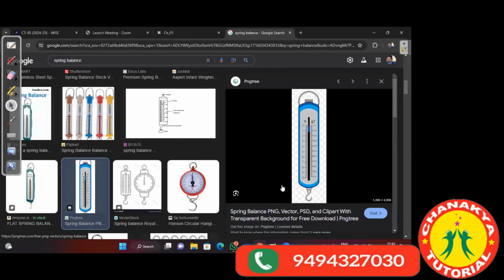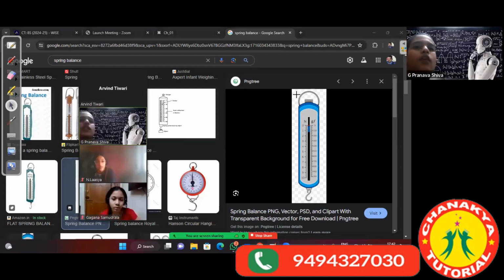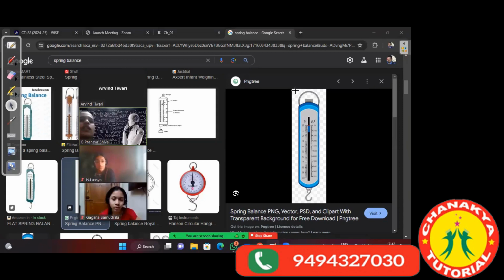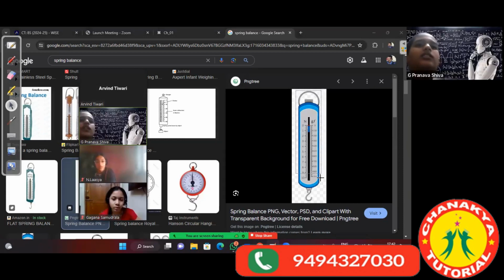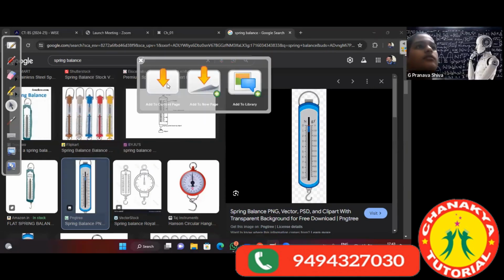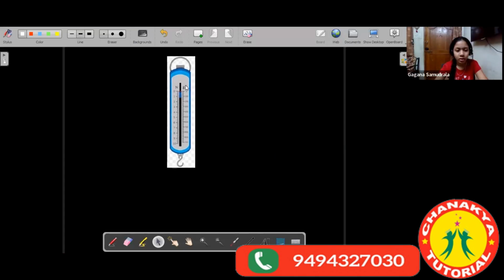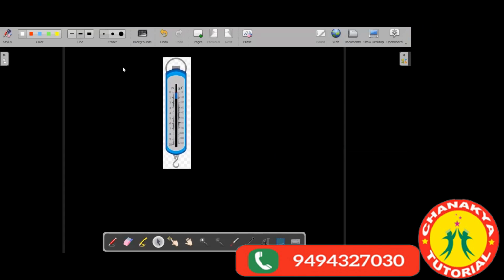Can you see the markings which are given? Yes, sir. One is Newton and another is grams. What is the F beside the G? GF means gram force. Sir, GF is known as mass, right? Yeah, it's the mass which is measured in gram force or gram.